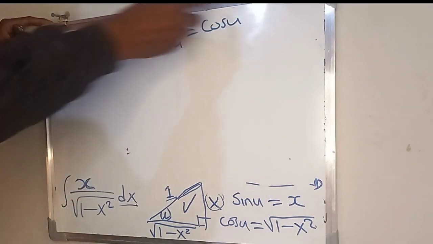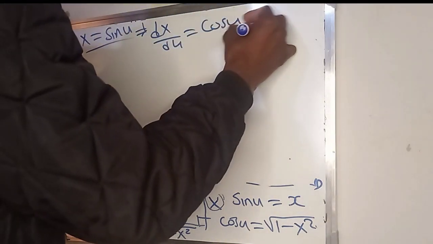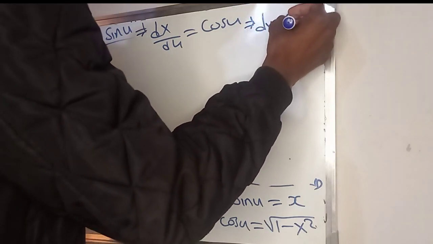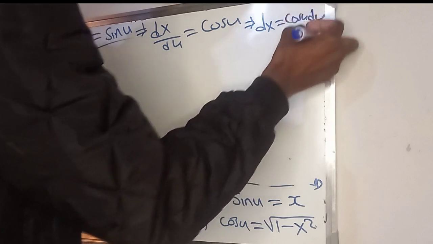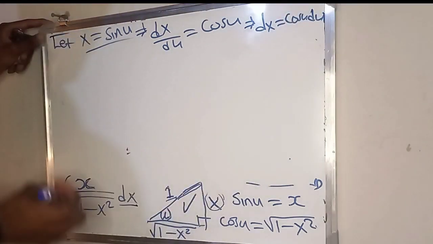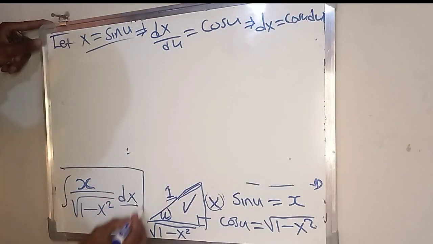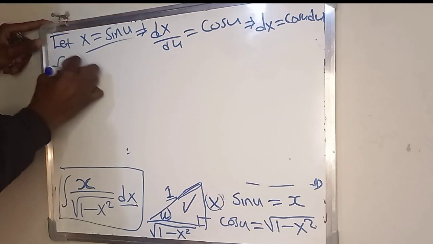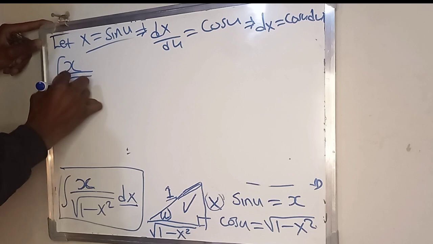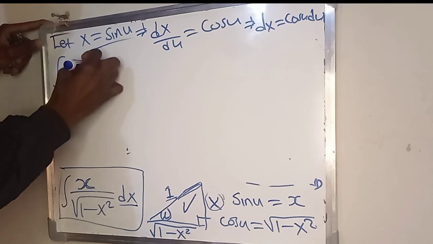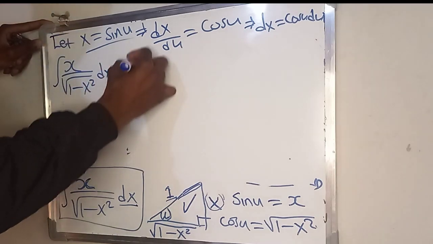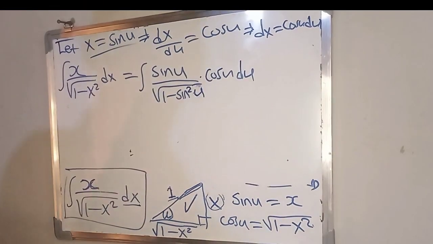So making dx the subject, your dx becomes cos u du. Then I'm allowed to substitute into this integral of mine. Meaning, whenever I'm integrating x over the square root of 1 minus x squared dx, where I see x, I will put sine u. That's it.